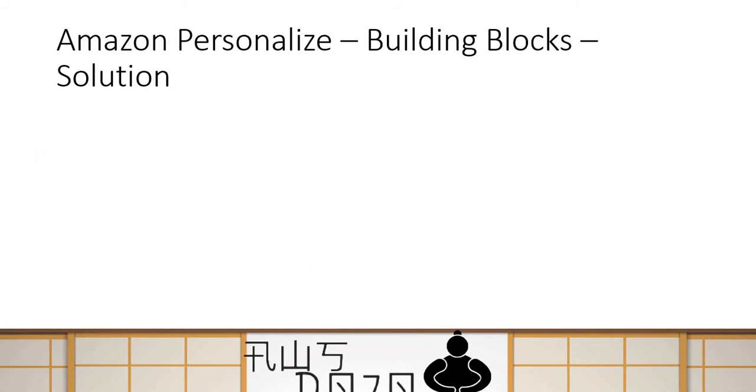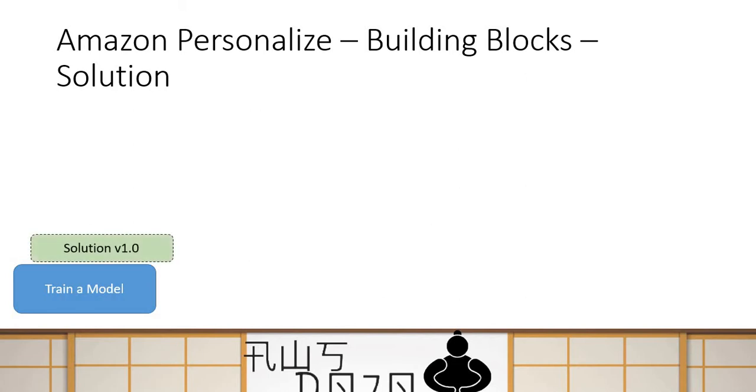Now the next one is the solution. And as I mentioned earlier, when you say solution, you're basically training a model. So in the previous step, you had training data ready, which is used to create the model. Now you are training a model. When you train a model, you actually create a solution. And to be very precise, you create a solution version. Because generally when you train the model, you don't train it just once. You train the model, use the model, then retrain the model because you have now got more data.